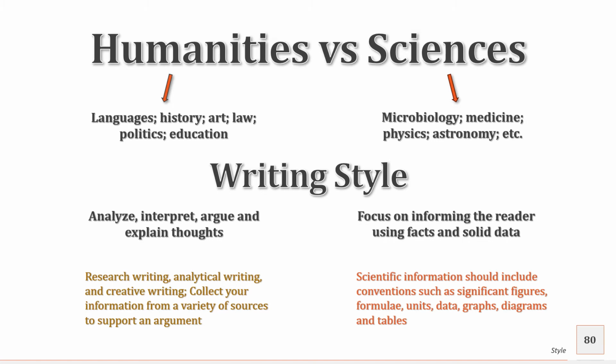And when writing in the sciences, we should follow a scientific approach. So what is the main difference? For humanities, we need to analyze, interpret, argue, and explain our thoughts. And for sciences, we should focus on informing the reader using facts and solid data.